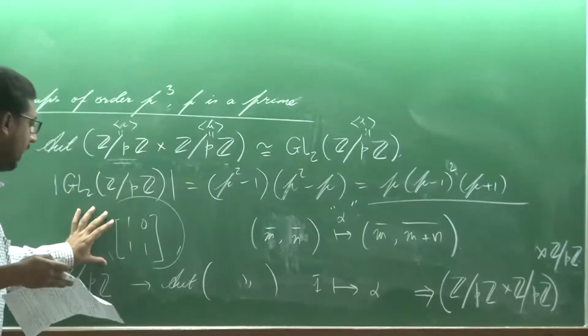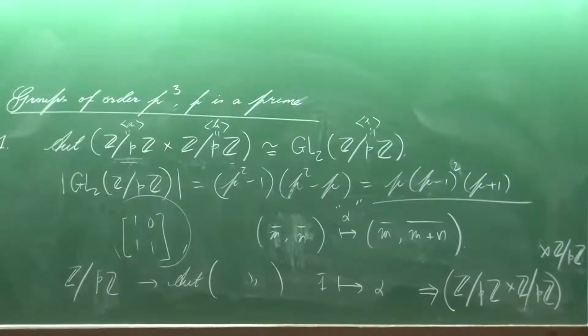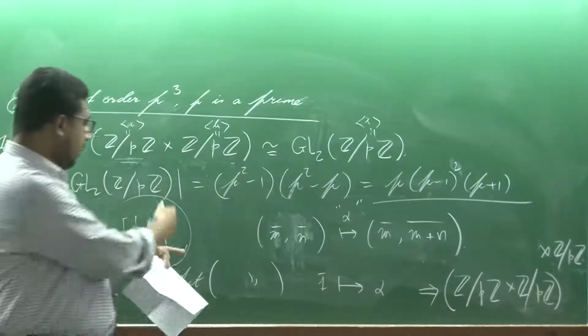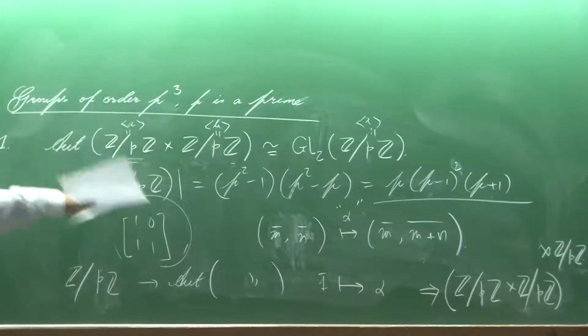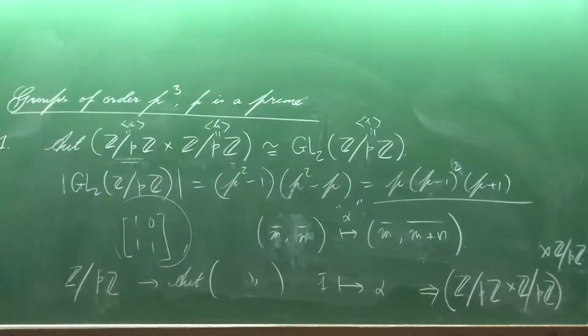You see, because of that, the generators, the coordinates, are being added up. So in terms of generators it will be A times B. Don't get confused: here we have throughout used the additive notation, and I am just writing everything in the usual multiplicative notation.